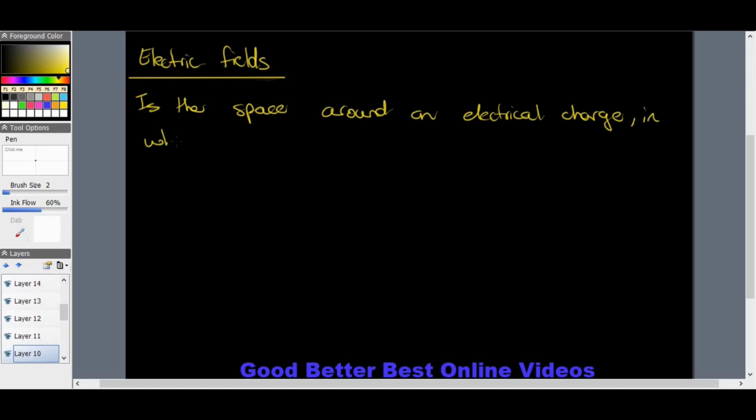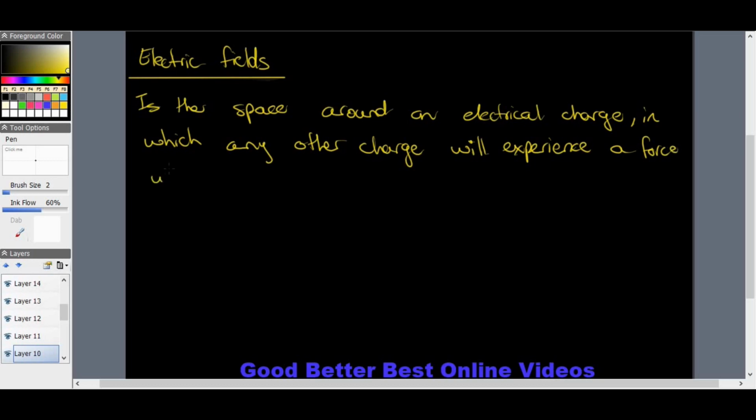In which, I never know how to spell which, in which any other charge will experience a force which is electrical in nature. Alright, there you go. Okay, space around electrical charge where any charge will experience a force which is electrical in nature.